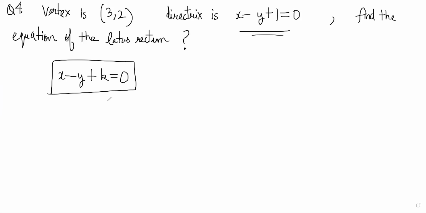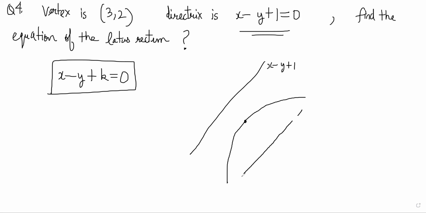So let's say the directrix is like this, x minus y plus 1. The parabola is like this, and the vertex is the midpoint of this, and this should be equal, no? The latus rectum line will be like this. So 3 comma 2 to this, what is the distance?